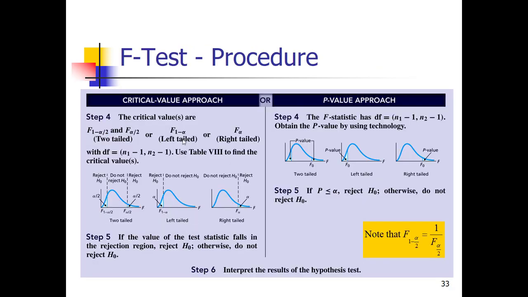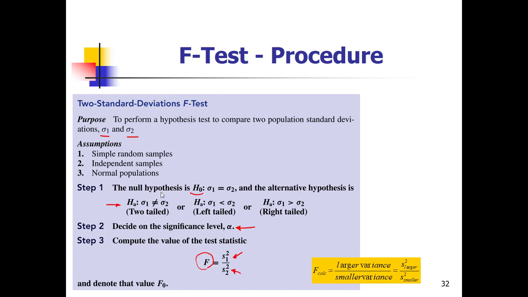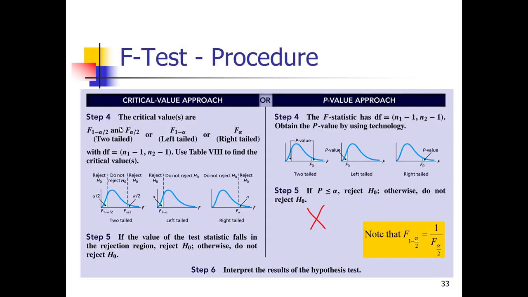How do we compare them? We use this approach. For now, forget about this other approach. This is not something that we are going to talk about. This approach is more important. So I have my null hypothesis, alternative hypothesis, my alpha, and also my F. Then I come here.